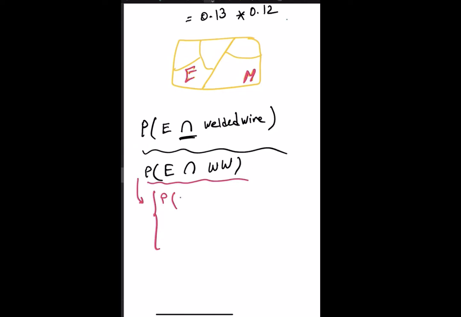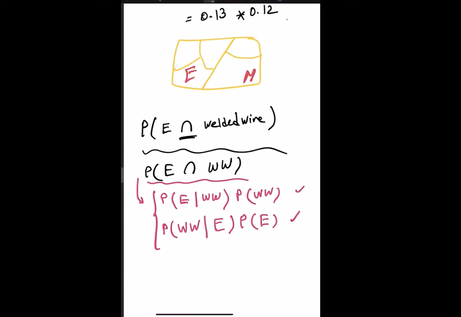Probability of electrical given wire: the probability that the error is electrical, given that it is related to welded wires, multiplied by the probability of welded wires. What is the other way? Probability of welded wires given electrical: the probability that the error is because of welded wires, given that it is electrical, multiplied by the probability that the error is electrical. Both these formulas are correct.